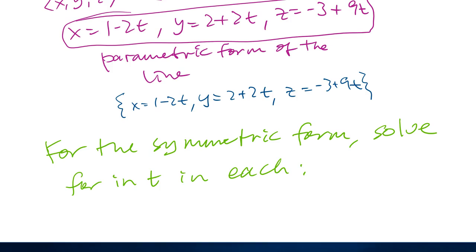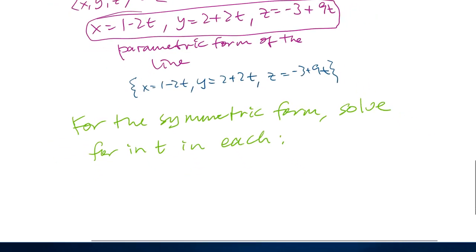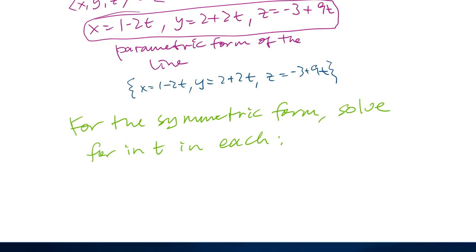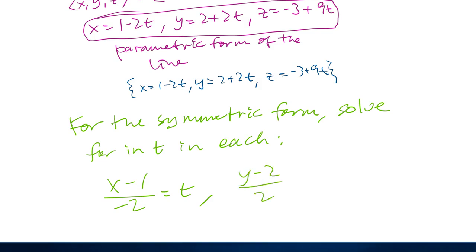Okay, so on the first one, it'll be x minus 1 over negative 2 equals t. And then on the second one, it'll be y minus 2 over 2 equals t. And then on the third one, it's z plus 3 over 9 equals t.